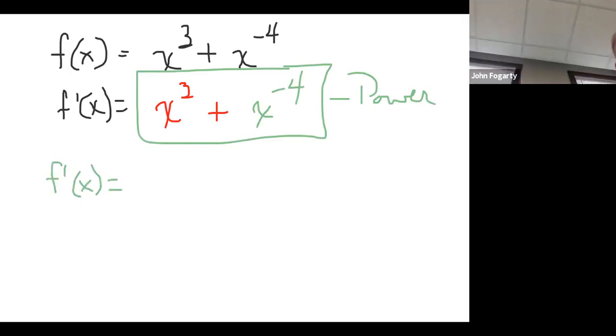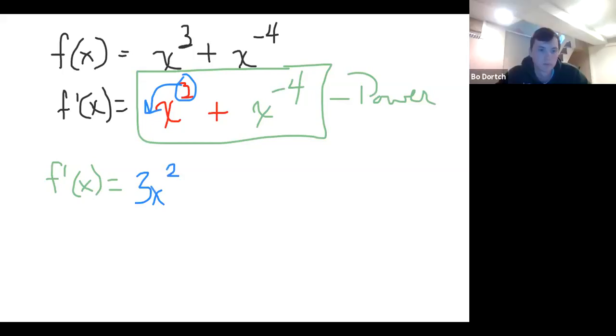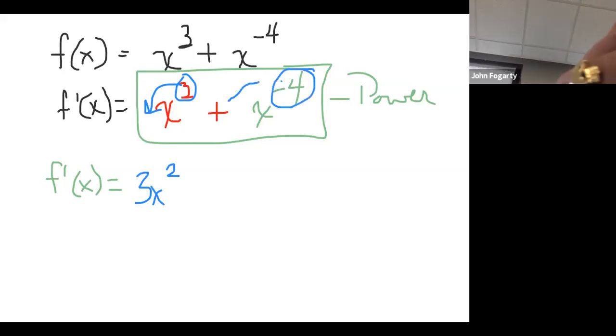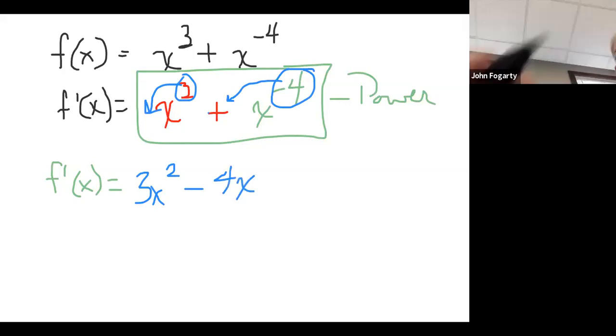So f prime of x. Take the 3, bring it out front. 3x, what is that? 3 minus 1? 2. Squared. Now let's go over here. Take the negative 4, bring it out front, plus a negative means what? Minus, right? 4x, and then what's negative 4 minus 1?